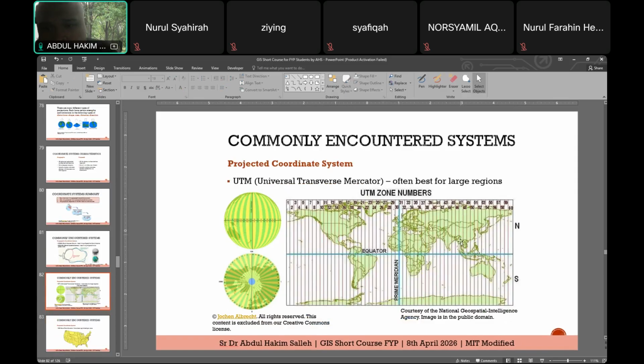If we zoom to the line, if we go along the line, it will fall on Peninsular Malaysia, while Sabah and Sarawak is 48 and 49. So Peninsula is 47, Sabah Sarawak is 49. These are the cuttings of the projected coordinate system.